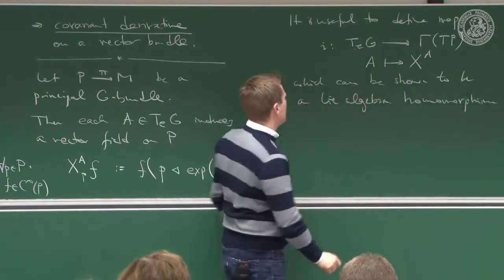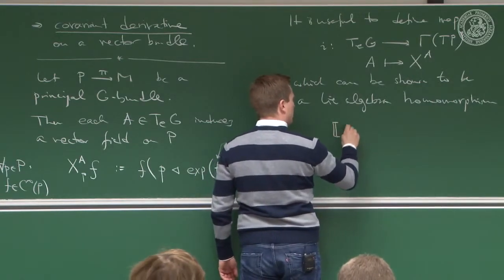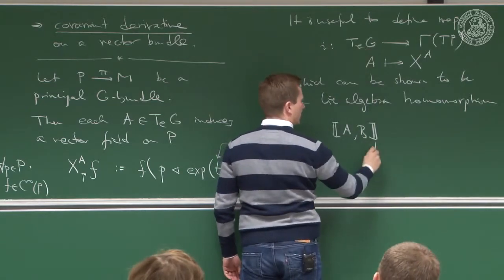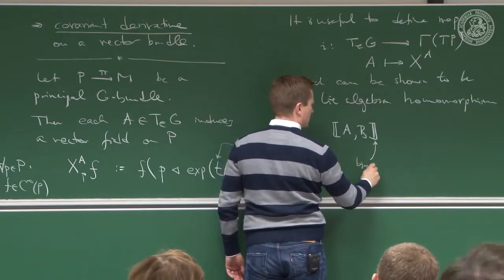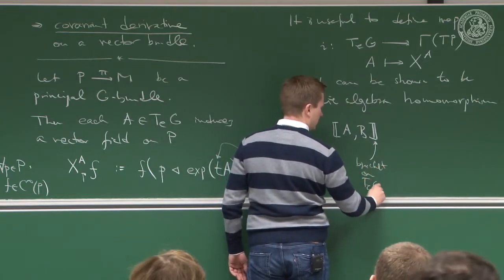Because clearly this is a Lie algebra, I can take two elements, A and B, in this Lie algebra, and this bracket is the Lie bracket on T_eG that we constructed.